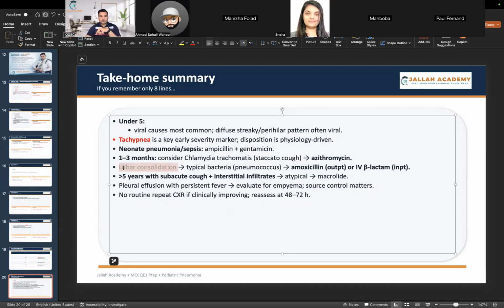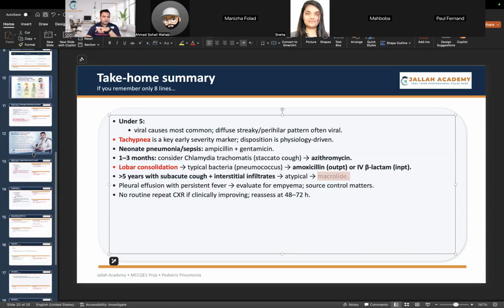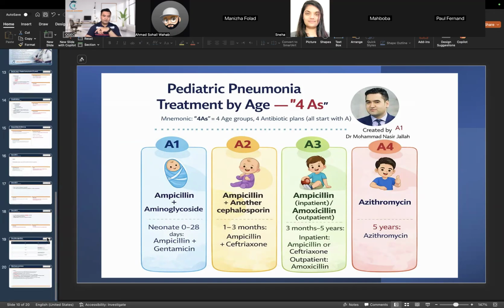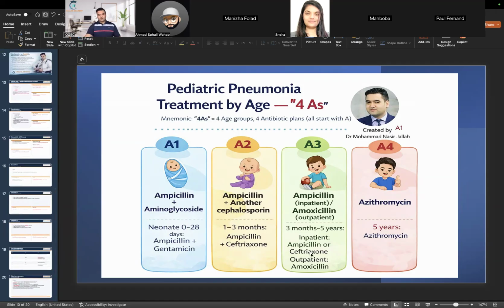Lower consolidation, always typical pneumonia: amoxicillin outpatient and IV inpatient. More than 5, interstitial infiltration is atypical, macrolide. Pleural effusion, obviously we have to do thoracocentesis, and we have to reassess. I think this is something that you have to know. I think I do have all these in the slides. So let's stop here and start doing some cases.